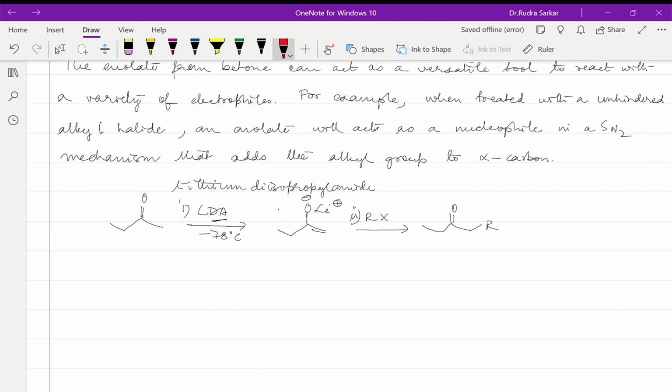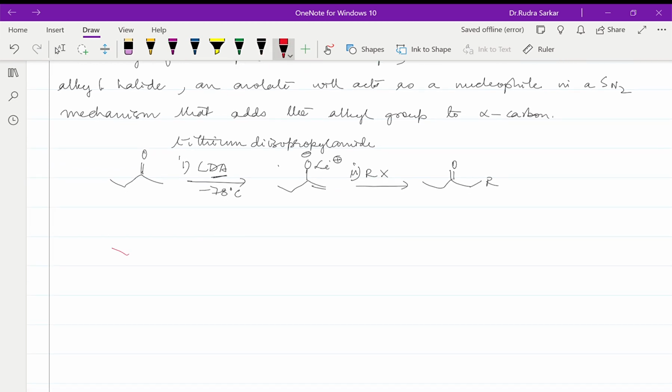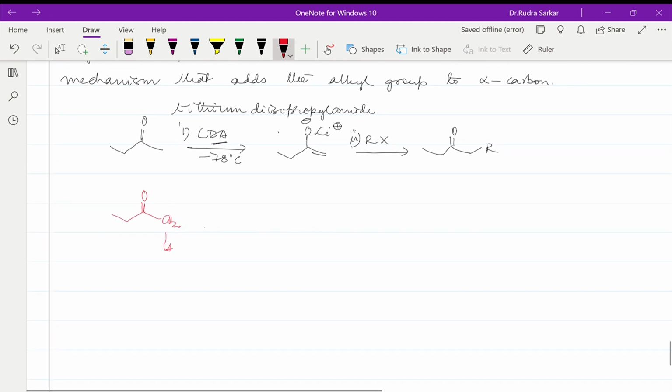So how this is happening, if one wants to see it using the mechanism, so this is our alpha proton. So basically here we are deprotonating using the lithium diisopropylamide. So this takes up that goes in there.